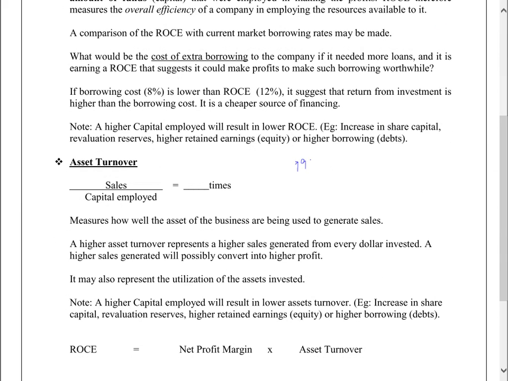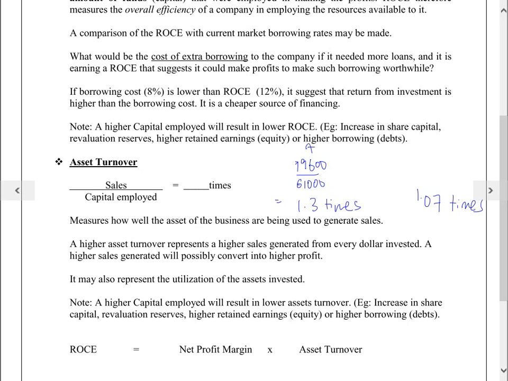Sales is 79.6. Capital employed is 61. And the answer will be in times. 1.3 times. The other one, 1.07 times.